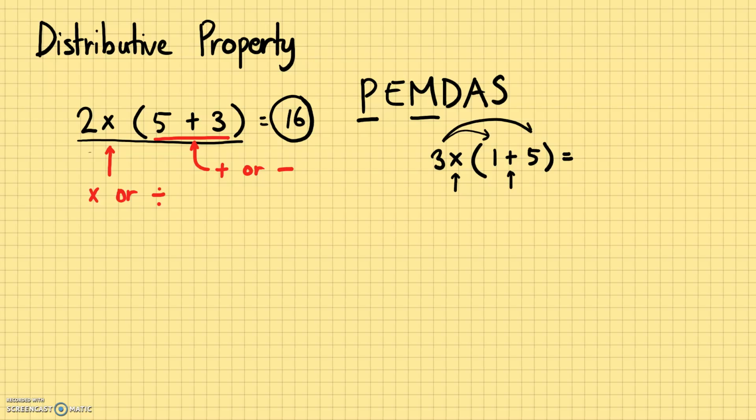And using the distributive property, the first part here is going to be 3 times 1, plus the second part here, which is going to be 3 times 5. That's going to be 3 plus 15, which equals 18.